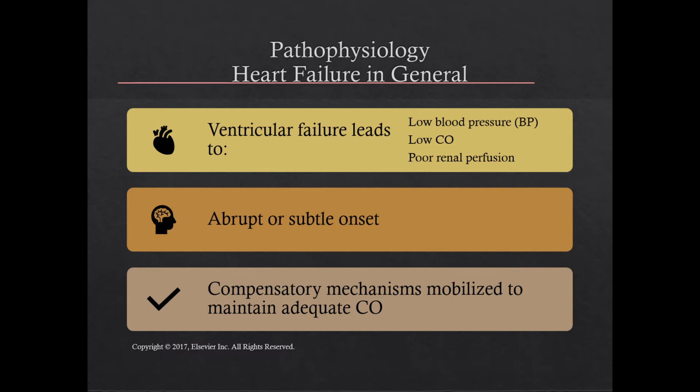So you'll hear this lecture use the word neurohormonal responses, but that's really the renin-angiotensin-aldosterone system, the RAAS, and the sympathetic nervous system as well. Those are one of the major causes, the RAAS and the sympathetic nervous system. But then you also have ventricular dilation and ventricular hypertrophy.